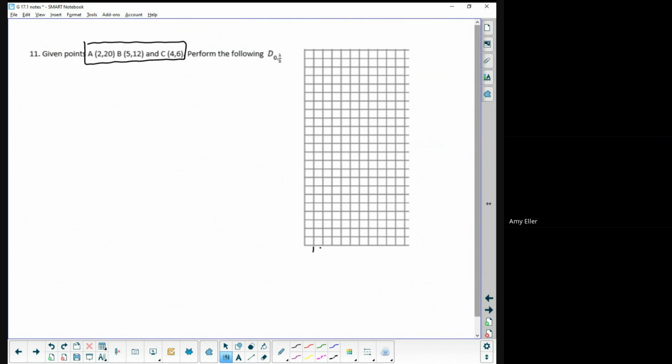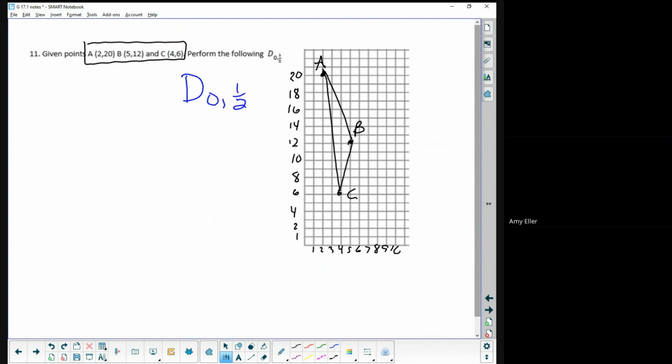You can go ahead and count by 1. Make sure you've labeled your points. A, B, C.